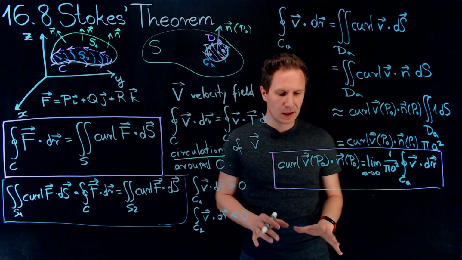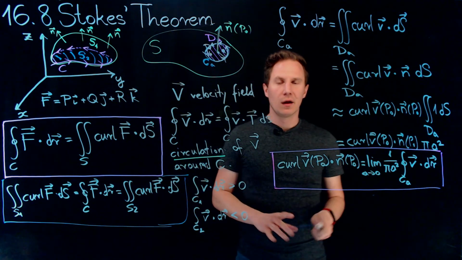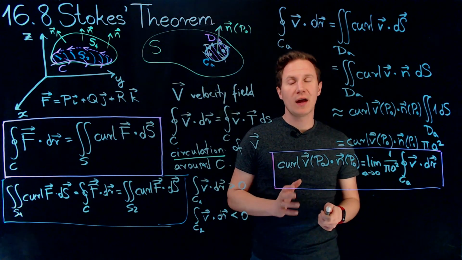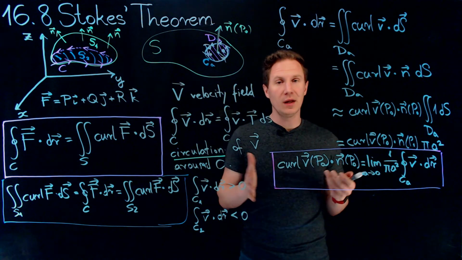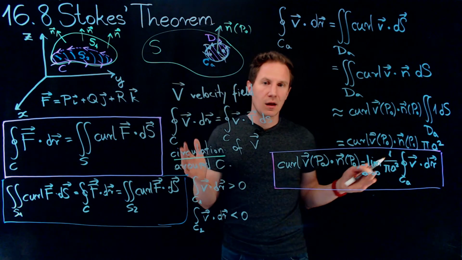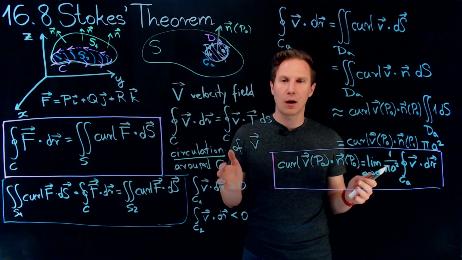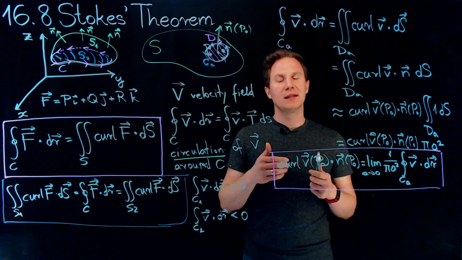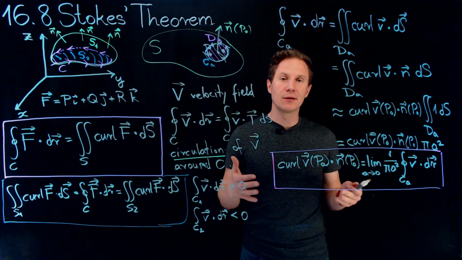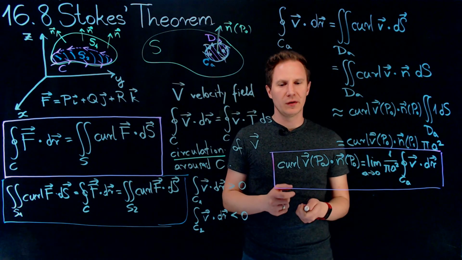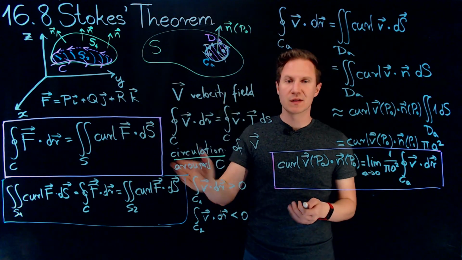Okay, and finally, to conclude, let us remember what we've said: if we have a vector field F defined in R3, in the entire three-dimensional space R3, and it has a curl that is identically 0, then we have a conservative field. So let's prove that using Stokes' theorem.